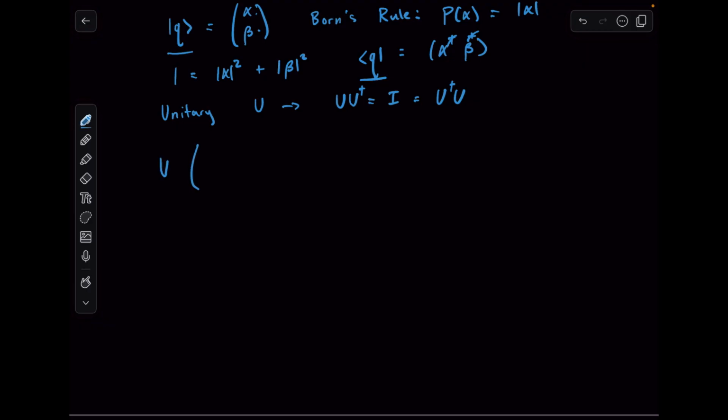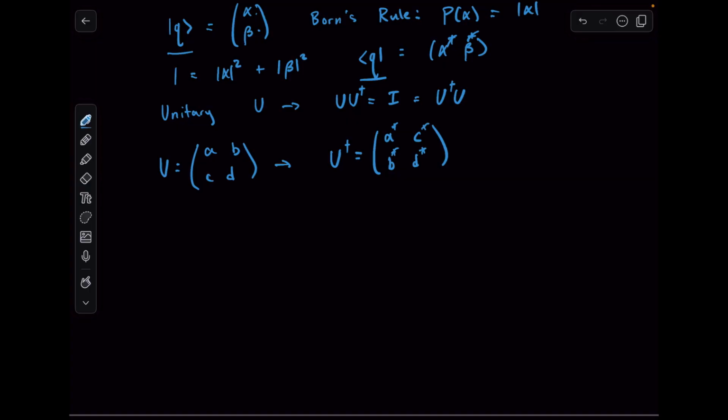Say we have some unitary U with entries A, B, C, D. Then for U dagger, our rows become columns and the columns become the rows. So we have A, C, B, D, but we also take the complex conjugate of every element.